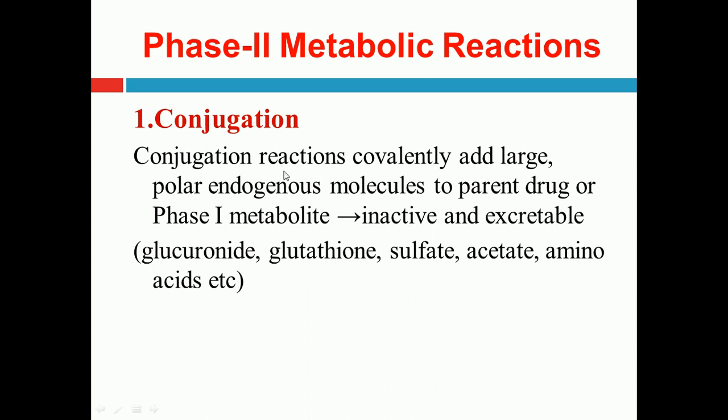So what are these terms? First of all, the phase 2 reactions are conjugation reactions. Conjugation reactions means these are synthetic reactions. They synthesize something, they add more polar substances, and where do those substances come from?